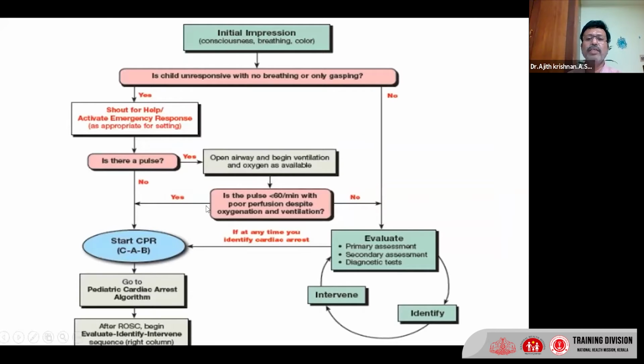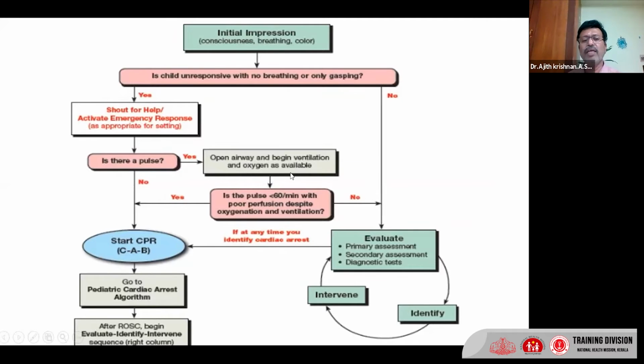Suppose a child is coming unresponsive, with no breathing and only gasping. So you shout for help. This is the diagram from PALS. Shout for help and look whether the child has a pulse. If the child has a pulse, you open the airway and begin ventilation.